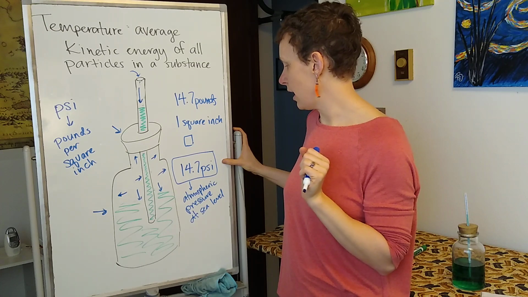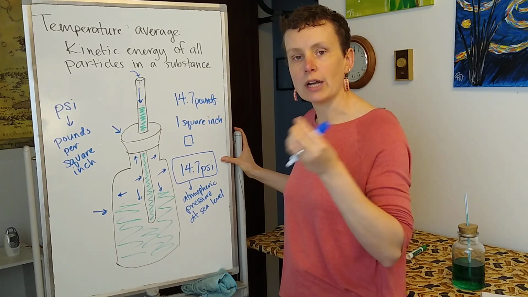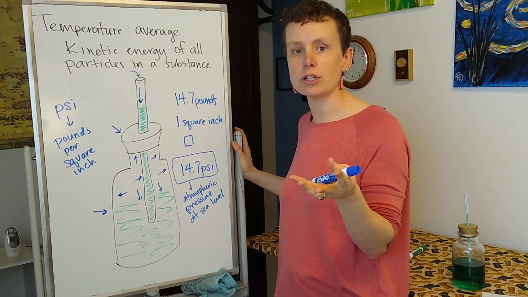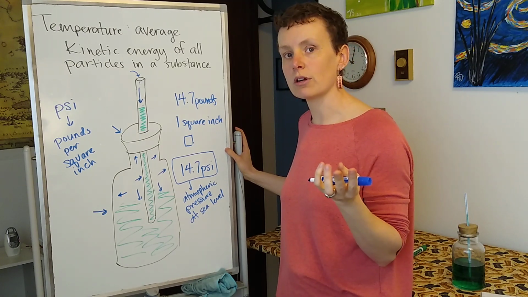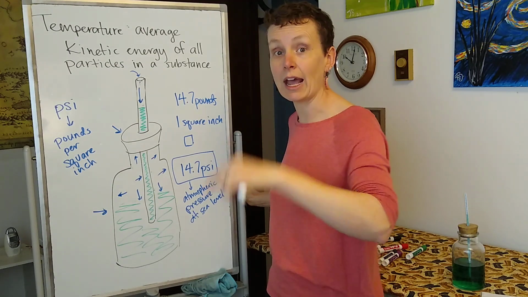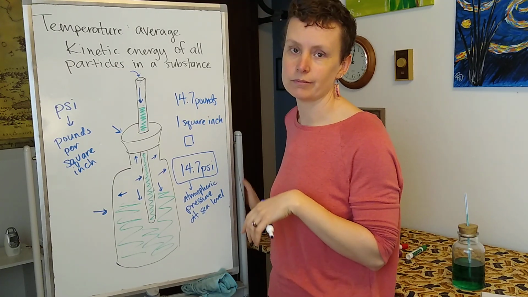When you're there, you're going to be experiencing 14.7 pounds of pressure on every square inch of your skin from the atmosphere, just from the air around you, okay? We don't quite have that much here because we're at 7,200 feet, but 14.7 pounds is the pressure that air puts on every single square inch of your body when you're at sea level, okay?